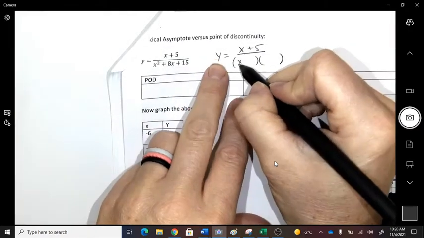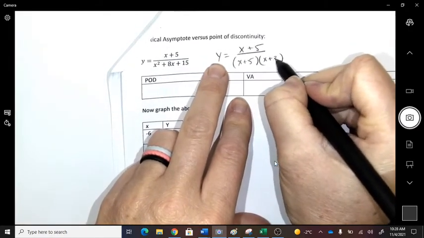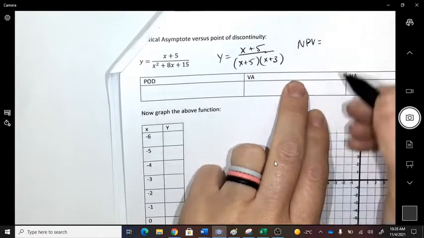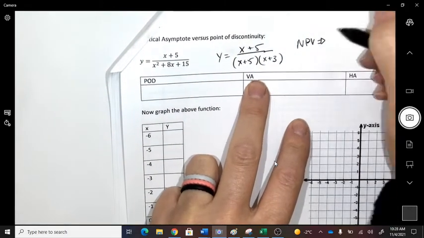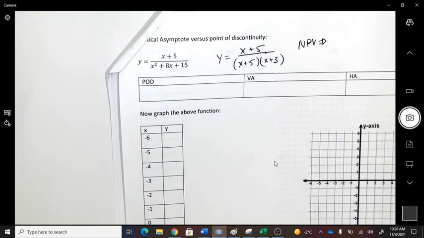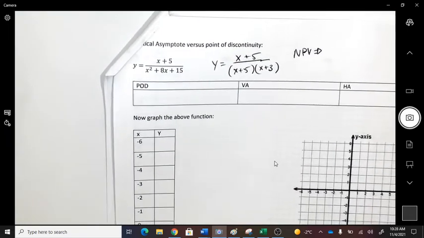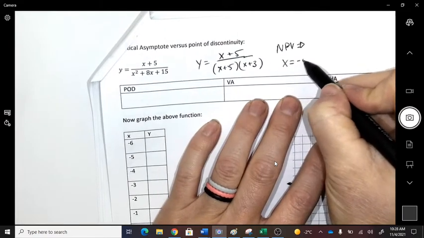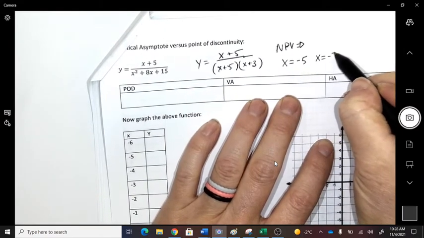Okay, so x plus 5 and x plus 3. Okay, non-permitted values. What x values am I not allowed to have? -5 and -3.